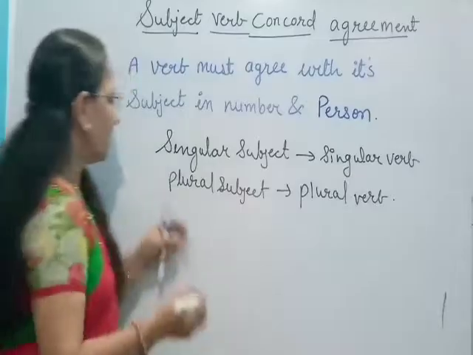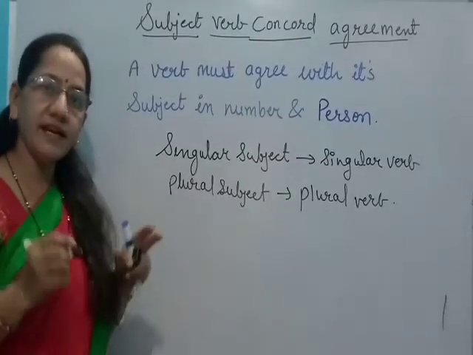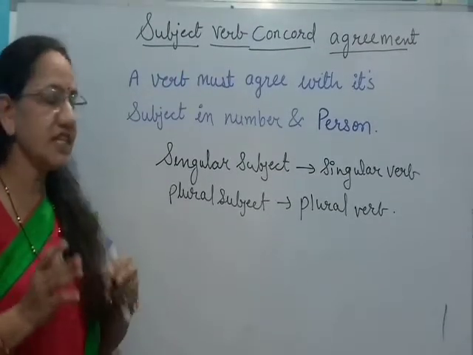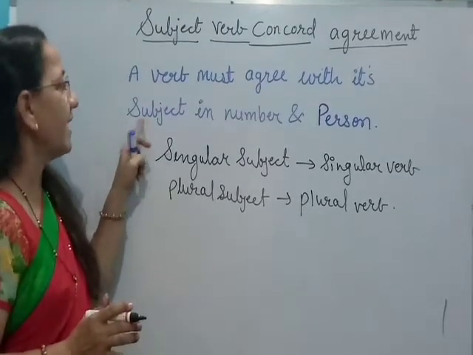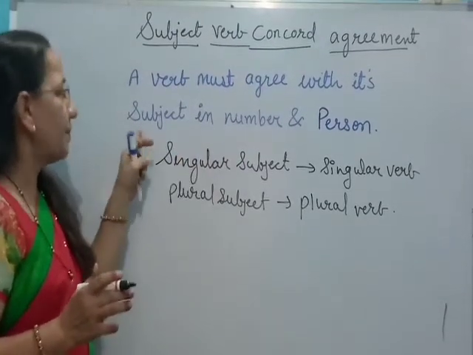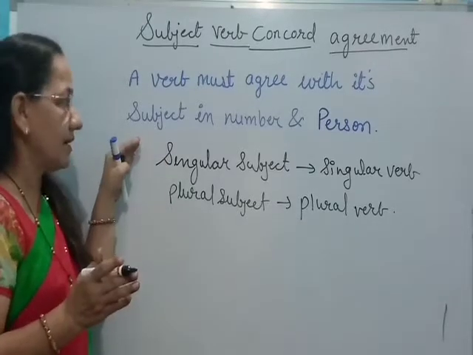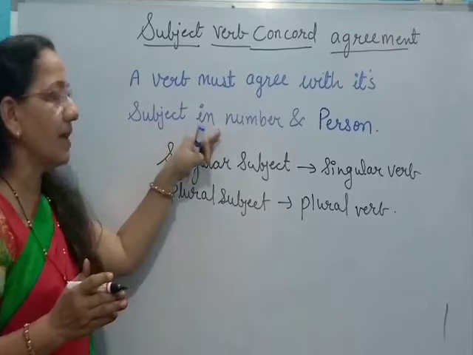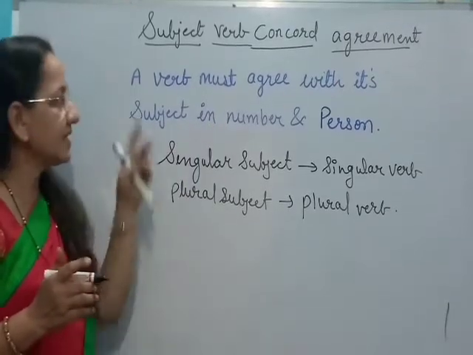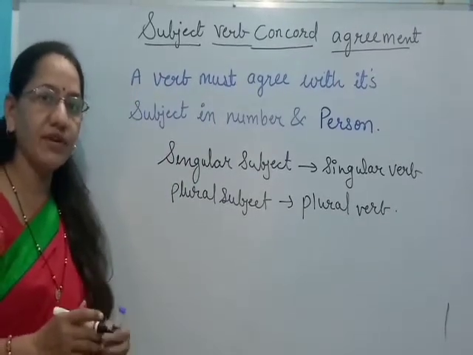For making a sentence grammatically correct, it is very compulsory to apply this rule. It is compulsory that a subject should agree with its verb, and the verb should agree with the subject in its number and person. This is the subject verb concord agreement or rule.